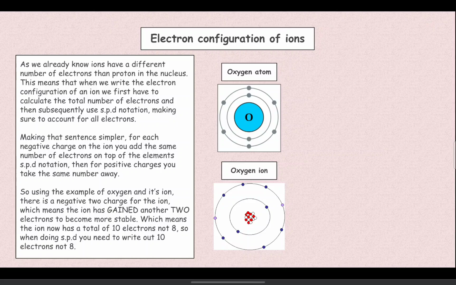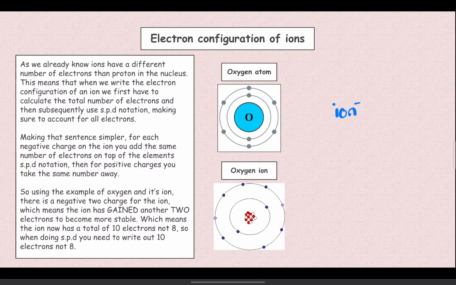To make that simpler, I'll quickly write this on the side. If the ion has a negative charge, you add the same number of electrons. For each negative charge on the ion, you add the same number of electrons on top of the element's s.p.d notation. That's a little tricky.